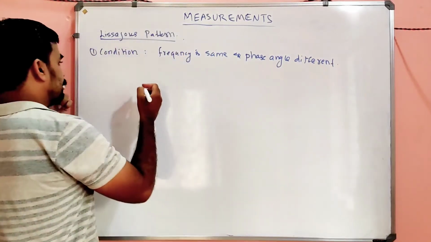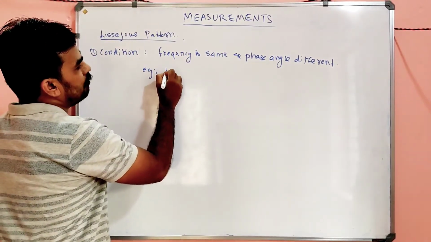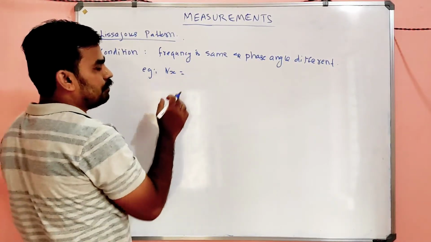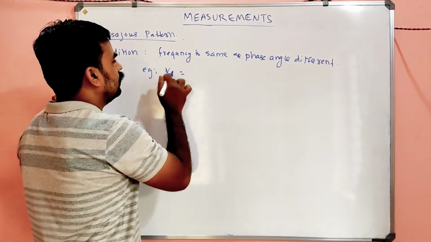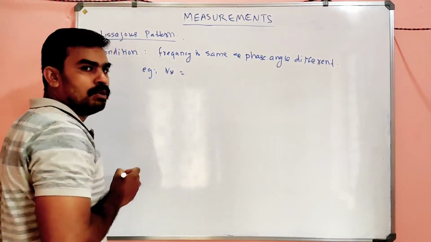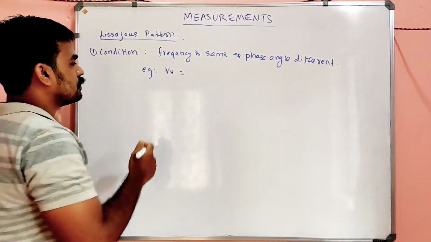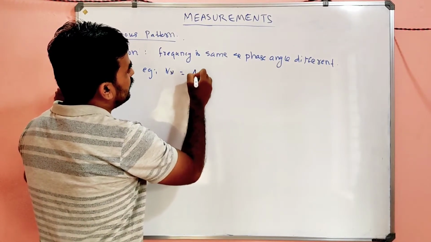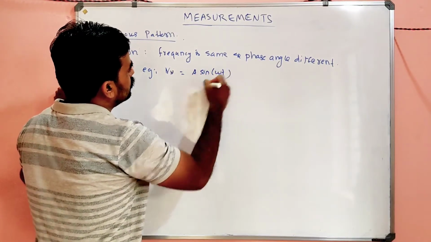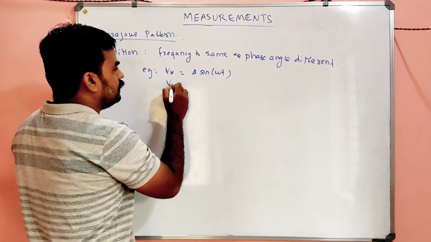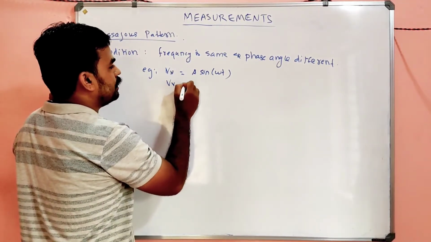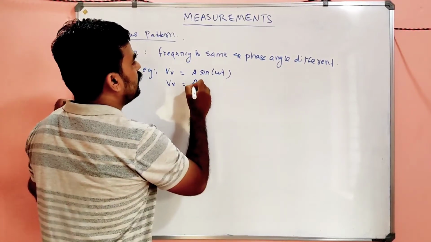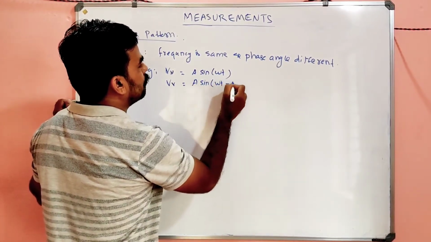For example, suppose you are giving a signal to the horizontal deflection plate, represented by VH, which is A sin omega t, and you are giving another signal to the vertical deflection plate, VV, which is A sin of omega t minus pi by 2.